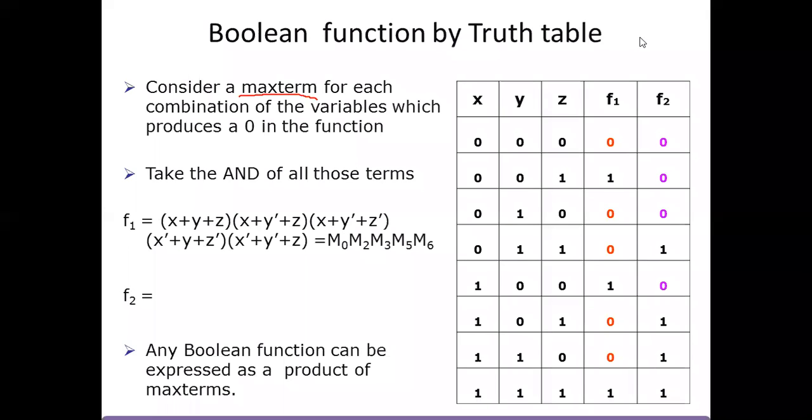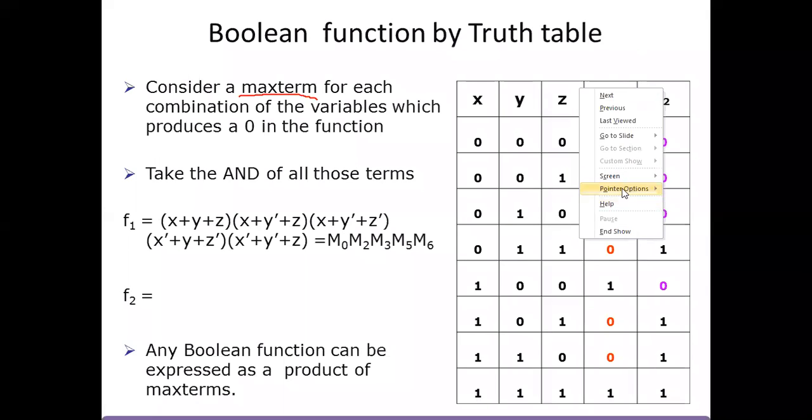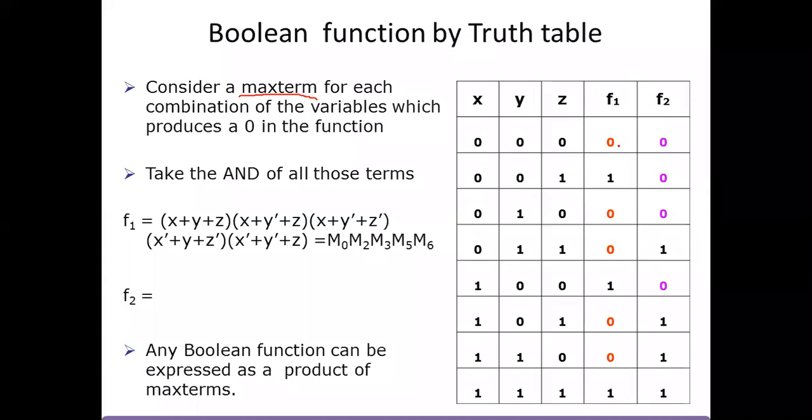Okay, so let's have a look at this. This is the function value. So this should be x OR y OR z. However, since the values are zeros, we are not priming any.